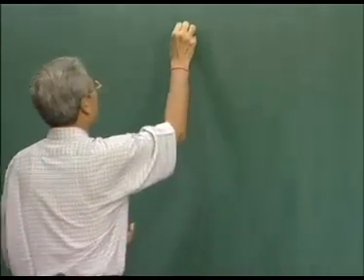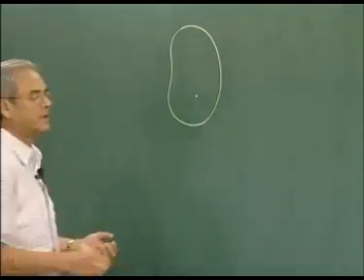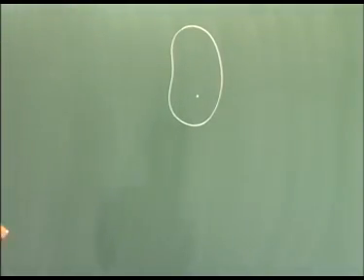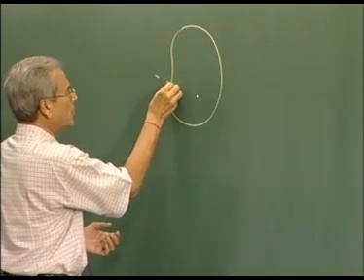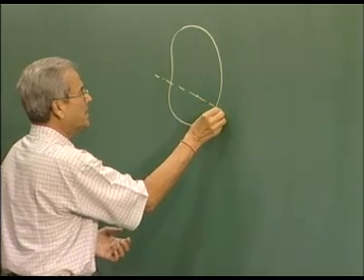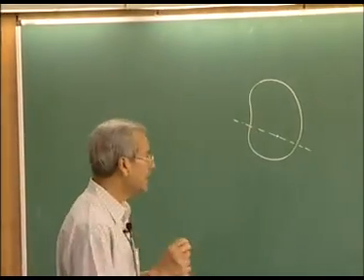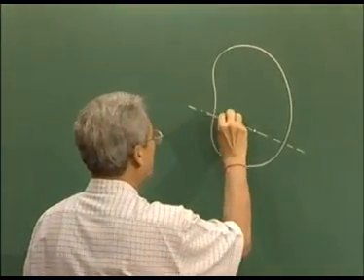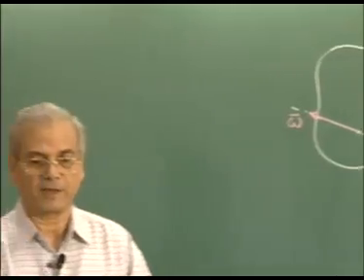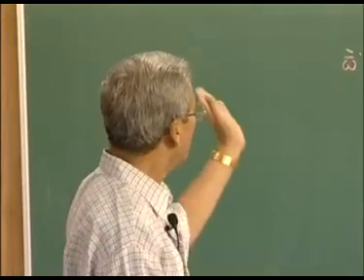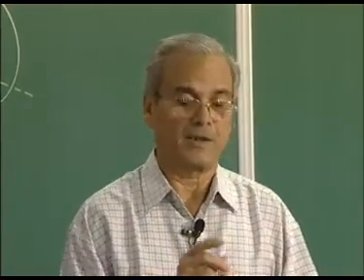Thus, if this be the rigid body and this is the point about which it is executing rotation, then at any instant of time the body can be assumed to have a rotation about an axis, and instantaneously the angular velocity of the rigid body can be represented by a vector omega along the axis about which it can be considered rotating at this instant.